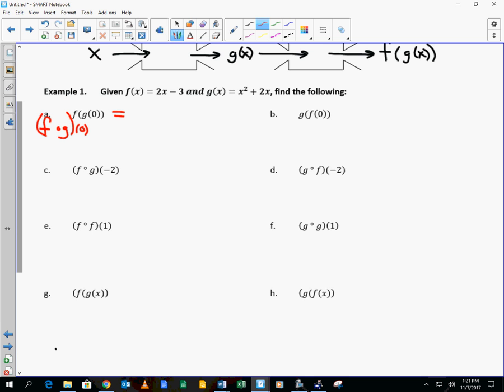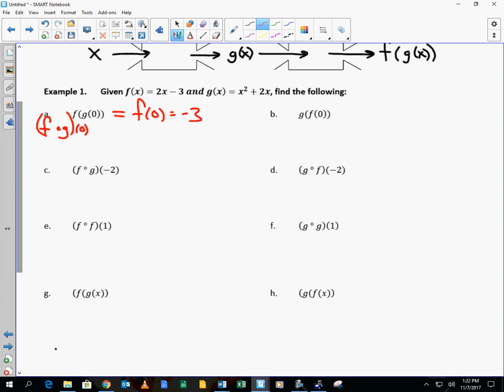So g of 0 becomes 0. What do I do next? I plug 0 into the f function, and I get -3. And that's it. Not too bad, but it is new. So if you saw that on the ACT, you might be like, I'm totally confused, I have no idea what I'm doing. Really not too bad.